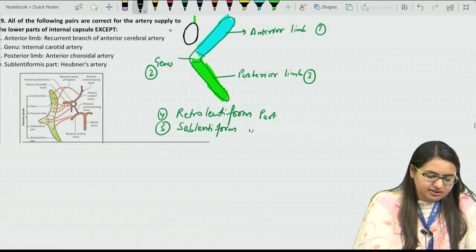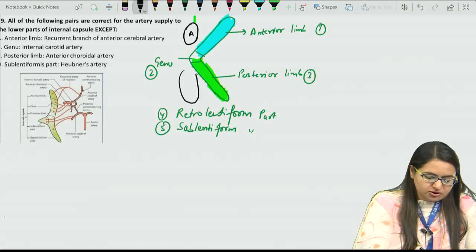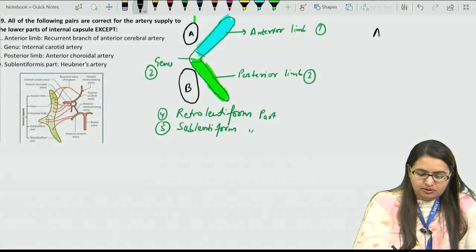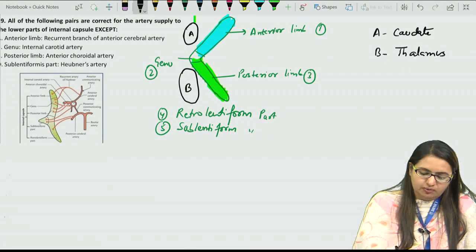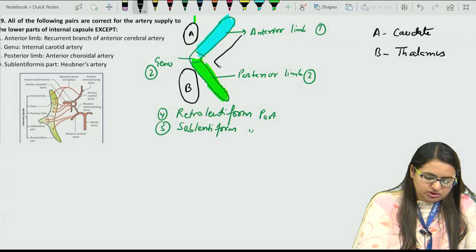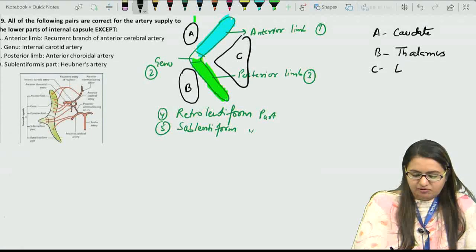Then towards the posterior aspect of the medial side we have the thalamus. So A is the head of caudate nucleus, B is the thalamus. They form the medial boundaries of the internal capsule, and towards the lateral side we have a triangular nucleus, which is the lentiform nucleus.